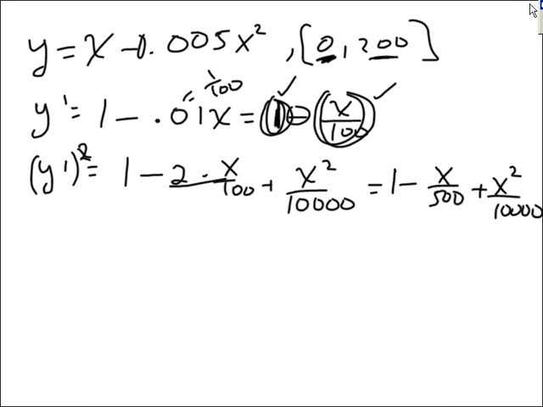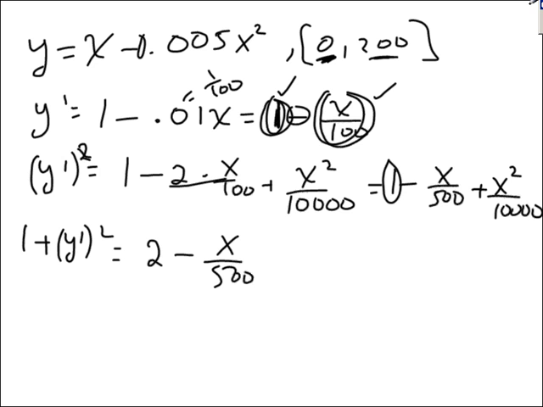We want 1 plus that. We want 1 plus y prime squared. Well, if you add 1 to that 1, you'll get 2. 2 minus x over 50 plus x squared over 10,000.